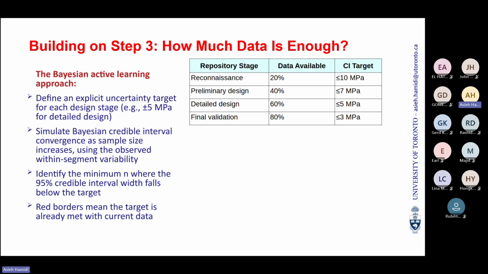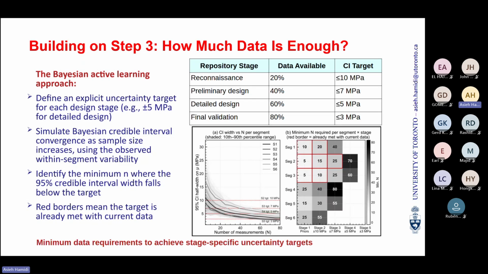We break down our data into different portions: 20 percent as the preliminary studies, then 40 percent as more data comes, then 60 percent, 80 percent, and full data. Our uncertainty target goes from 10 megapascals down to 3 megapascals as more data becomes available.